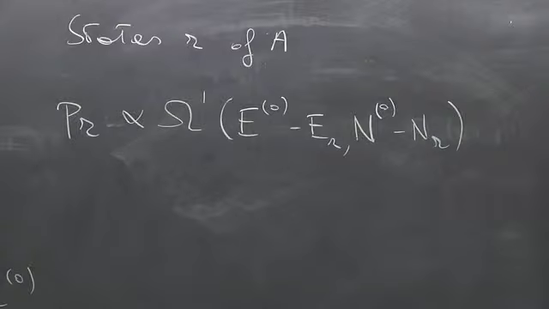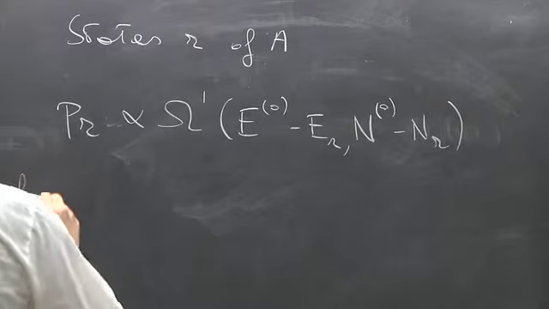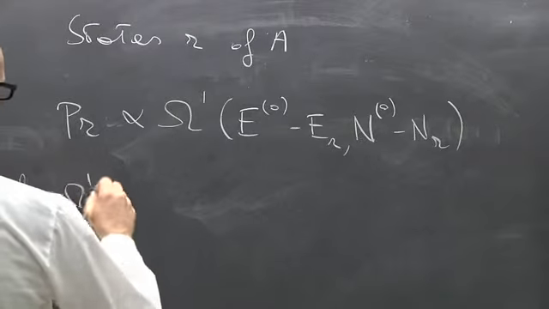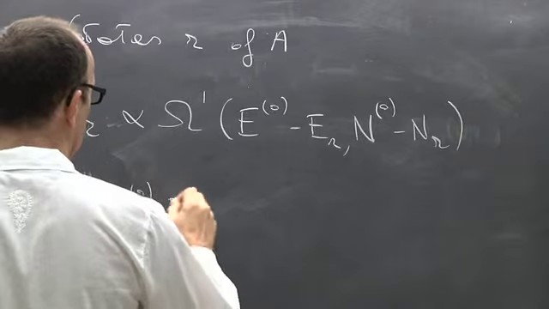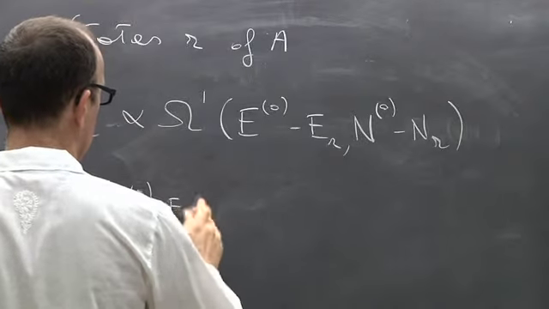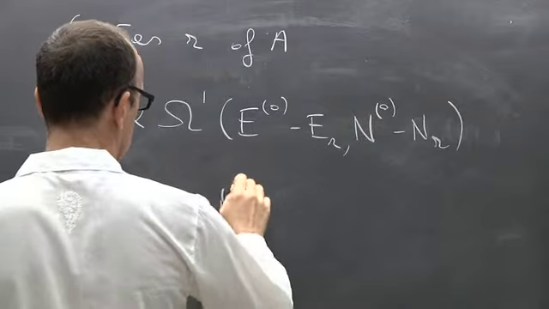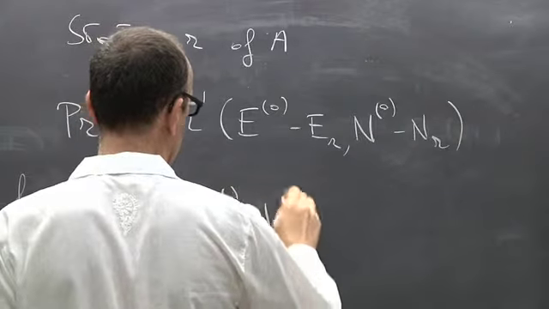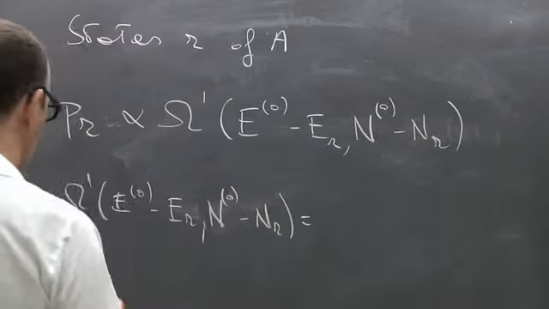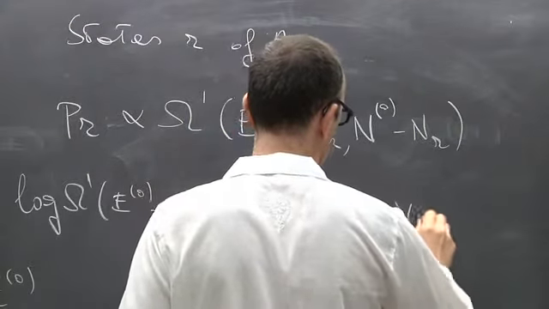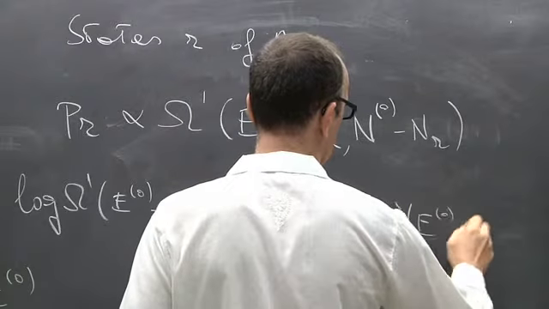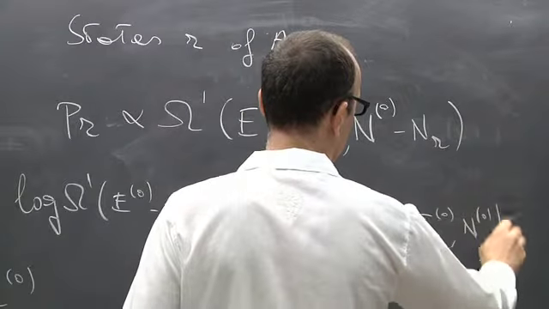So rather than doing it on omega itself, it's better to do it on the log of omega. So log of omega prime of E0 minus ER and N0 minus NR will be equal to log of omega prime of E0, N0.